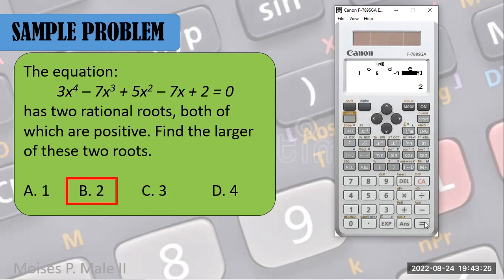Is that correct? Then one answer is 2, the other one is 1/3. The other two are imaginary. So there are only two real roots, 2 and 1/3, the larger of which is 2. That's the CANON; unfortunately, the Casio doesn't have it yet. Maybe next sem.